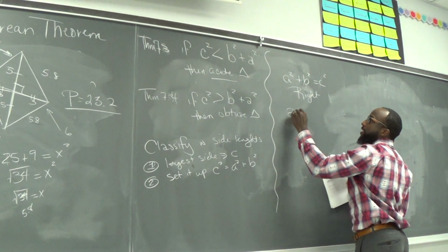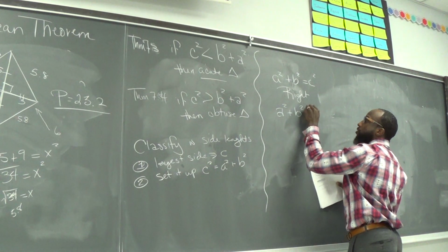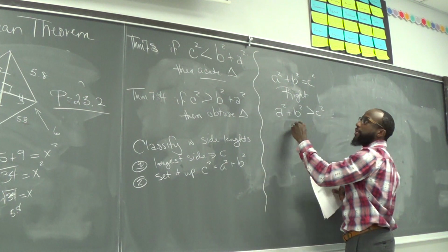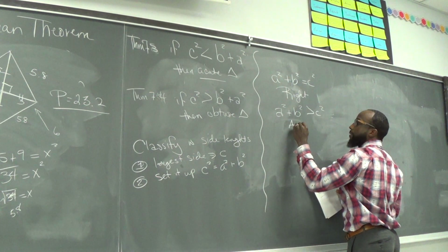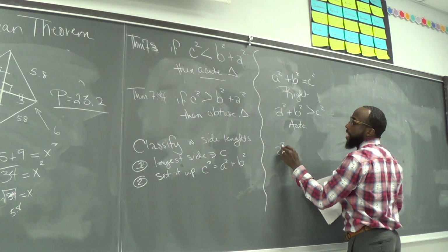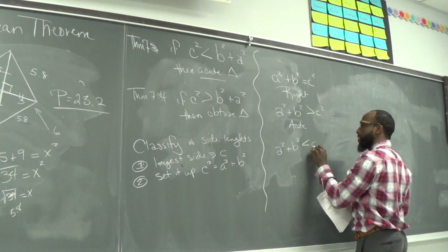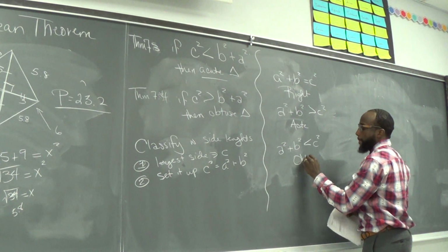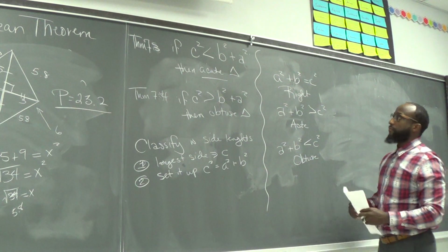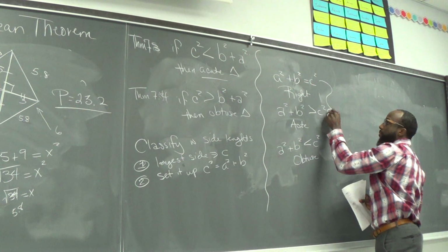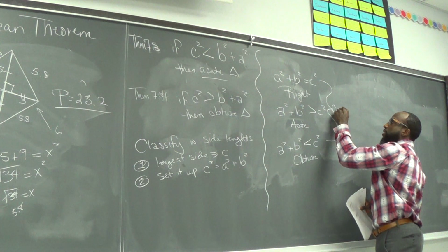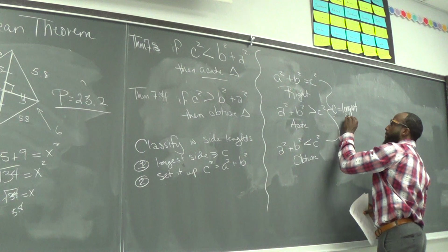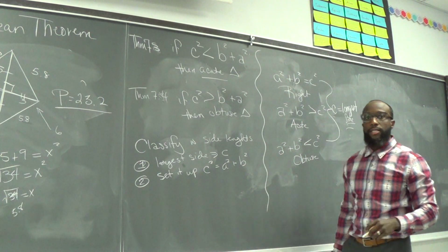If A squared plus B squared is greater than C squared, it's a cutie, an acute triangle. And if A squared plus B squared is less than C squared, the longest side is the biggest, so it's obtuse. And also remember that C is always the longest side.